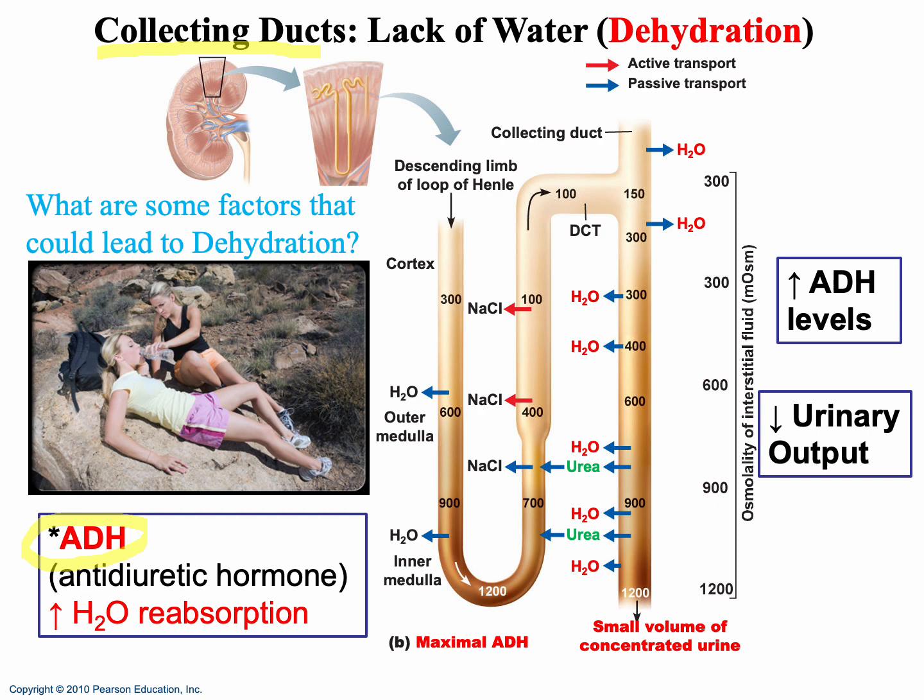Ultimately what will happen here is the release of the hormone ADH, and you'll have an increase in ADH production. The ultimate goal of ADH is to increase water reabsorption here in the collecting duct.